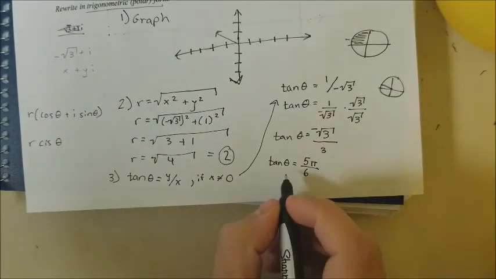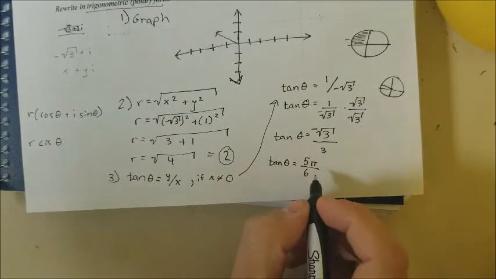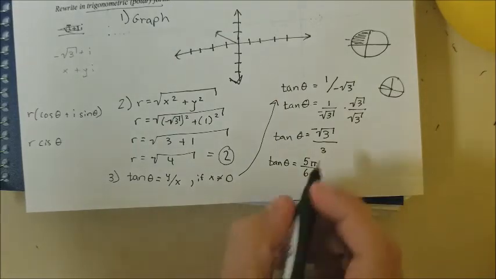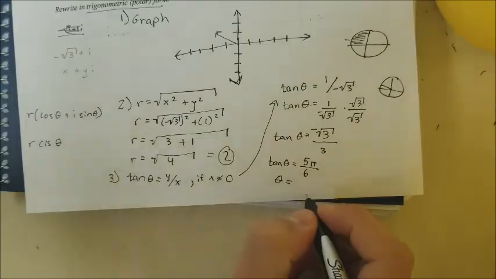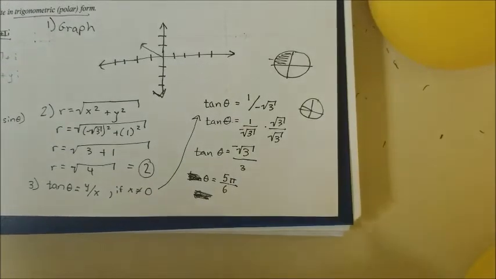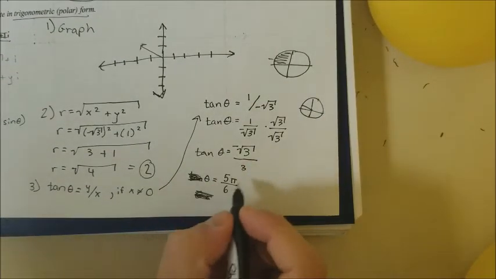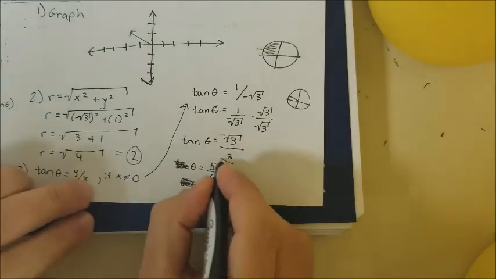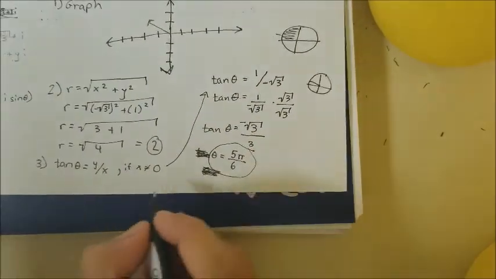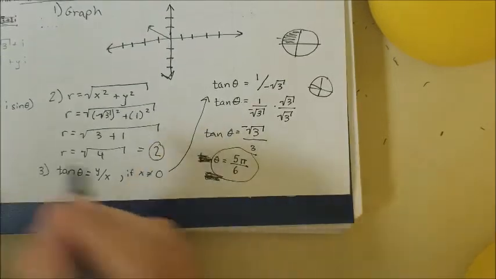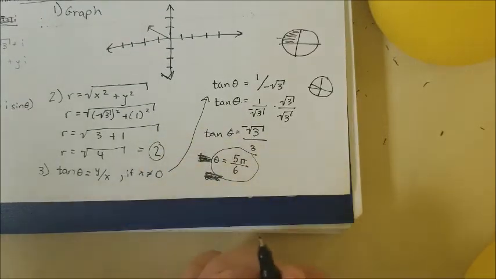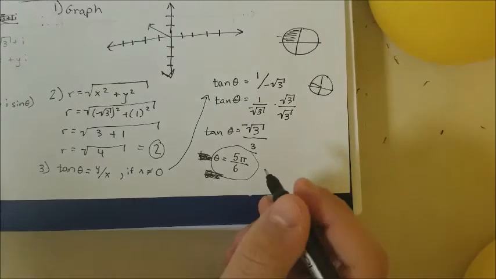So now, after you found out it was 5 pi over 6, that would be theta. Right now you have r, which is 2, and theta, which is 5 pi over 6. Or you could put it into degrees, which is 150.